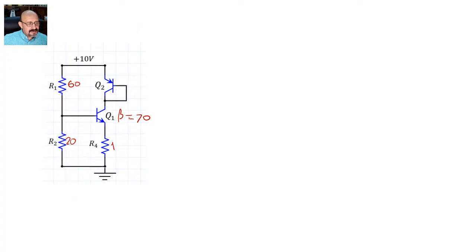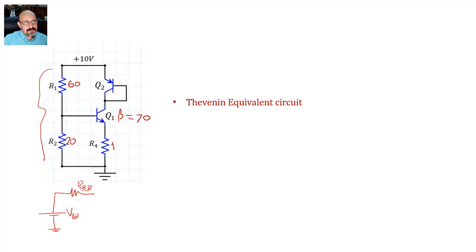Our first step, just like in previous problems, is to find the Thevenin equivalent of this resistor divider. We have a voltage and a resistor connected to ground; the voltage is VB and the resistor is RVB.